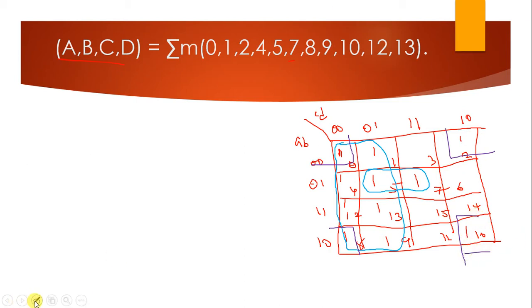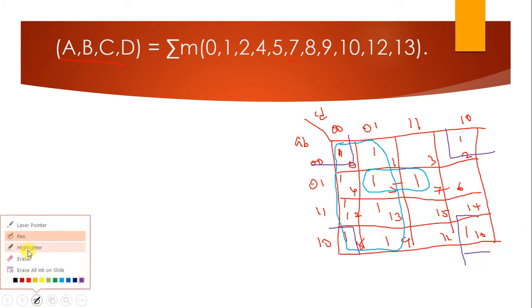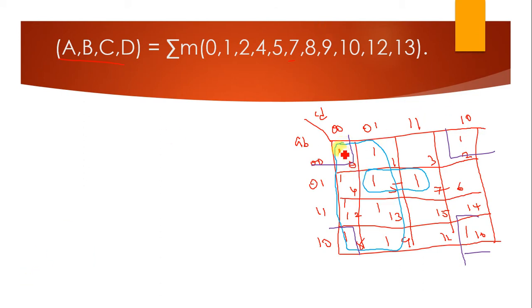Let us solve the quad group first. Here you can take it vertically or horizontally. For every shift you have to eliminate the changing variable. That is how you solve the quad or a double quad, octet, whatever it is. So let us say group 1 has the following combination, that is A dash, B dash, C dash, D dash.